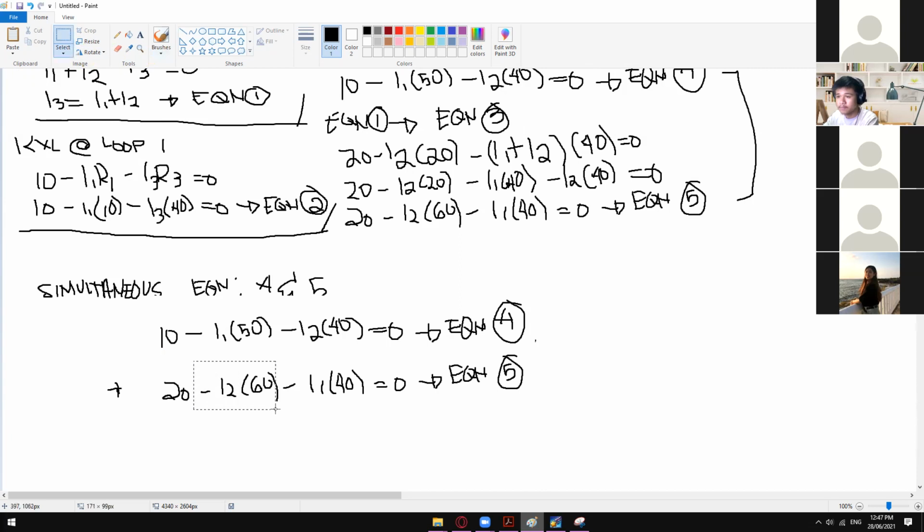Let me put this one right here and this one on the other side. Now I2 and I2 are aligned, and I1 and I1 are also aligned.